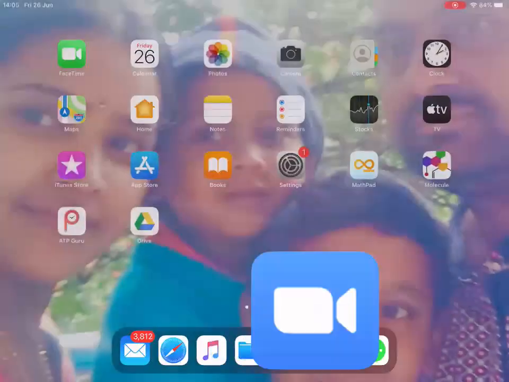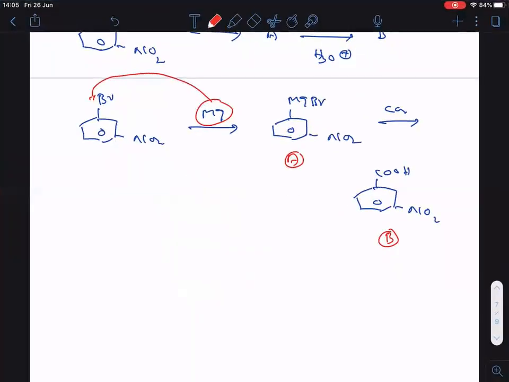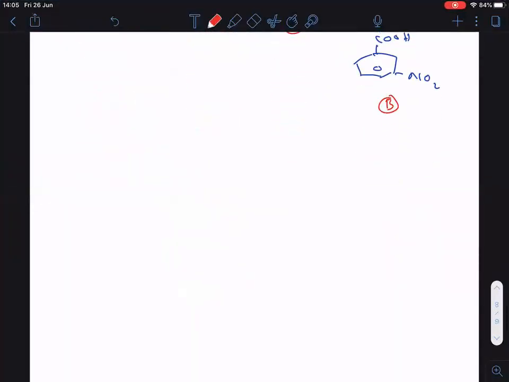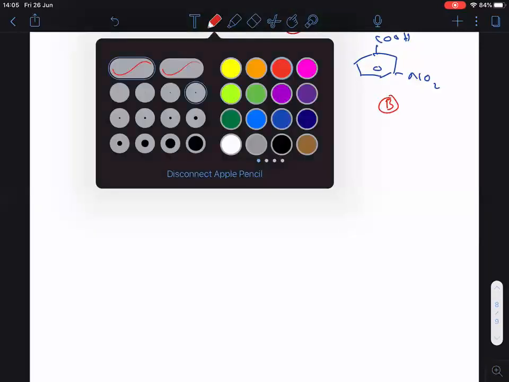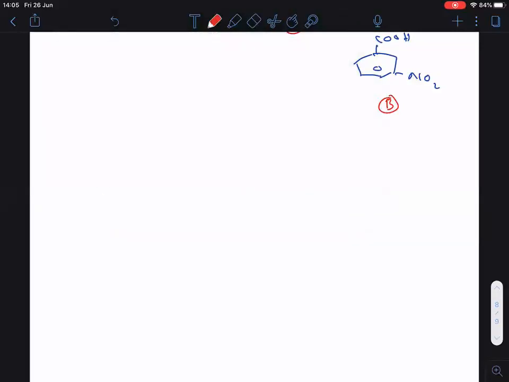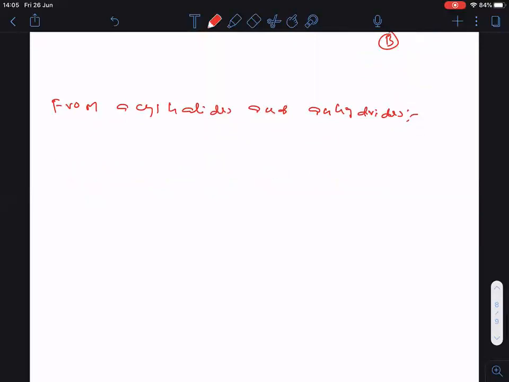Now, let us go to the next preparation method, from acyl halides and anhydrides.